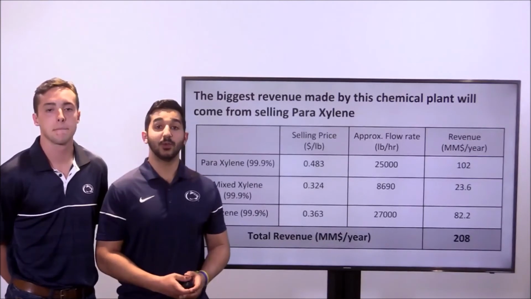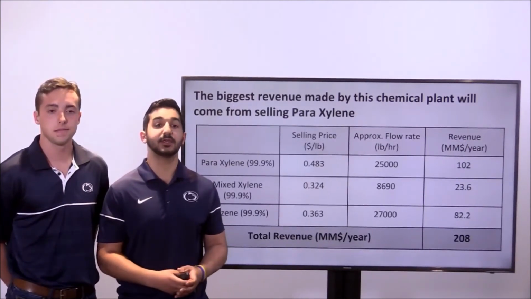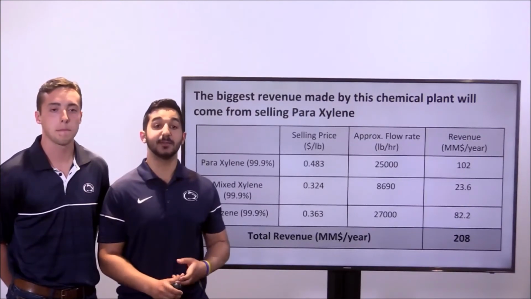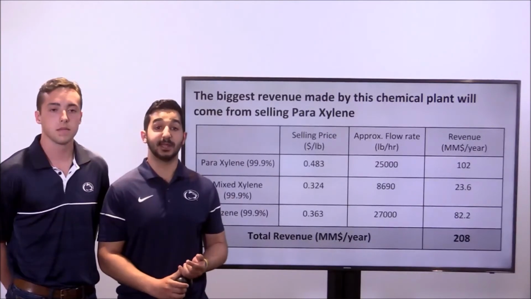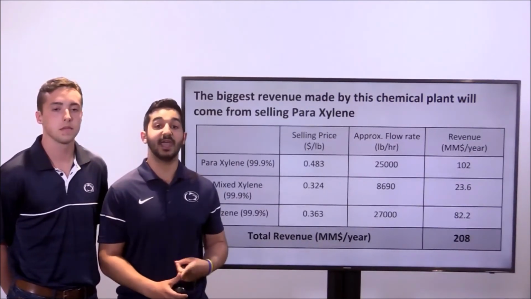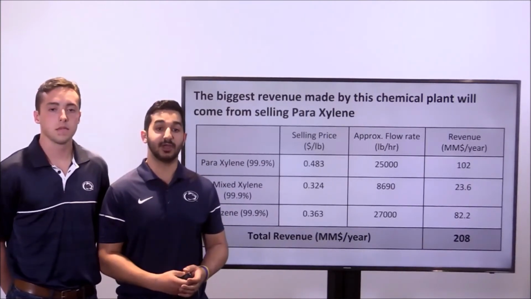Throughout this chemical plant, we were able to produce and sell 3 chemicals with a high enough purity that included xylene, mixed xylene, and benzene. On this figure, you can see the selling price, the approximate flow rate, and the revenue per year that we were able to make while selling these 3 products.